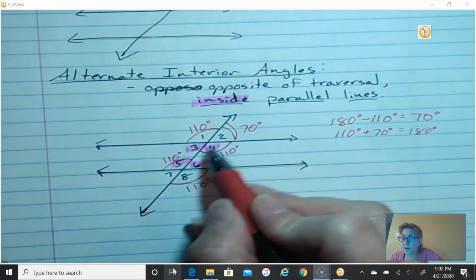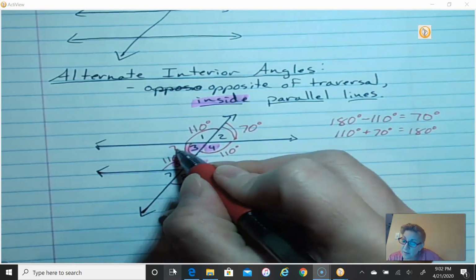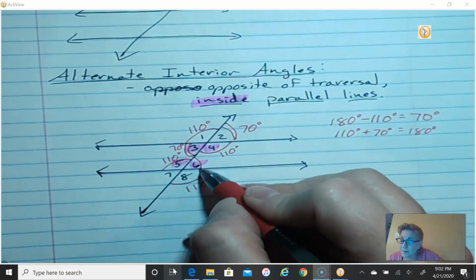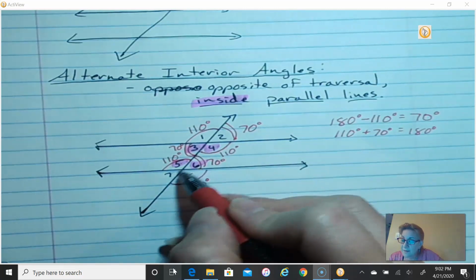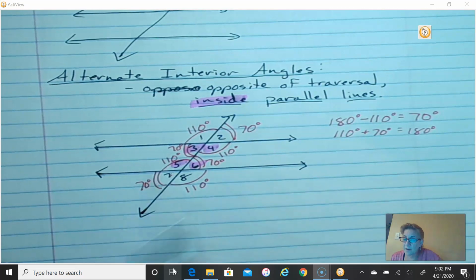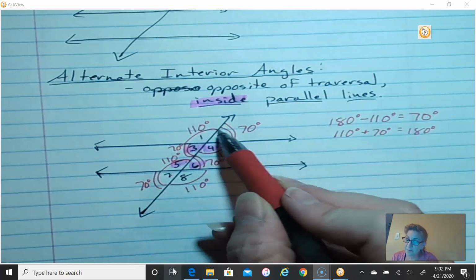If 2 is 70, then 3 is also 70 degrees. If 3 is 70 degrees, then 6 is 70 degrees. And look, 6 and 7, 70 degrees. Okay? Now look at that. Notice they even look the same.